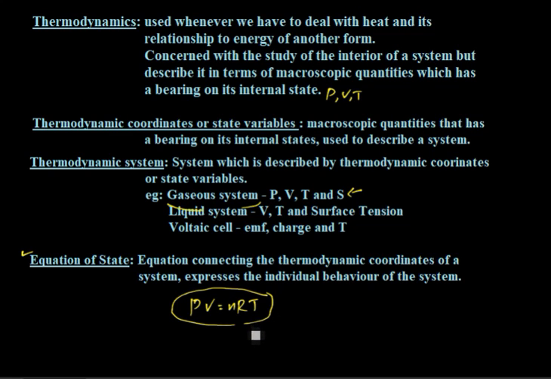So, in thermodynamics, what we are going to do is define the thermodynamic coordinates first, that is the macroscopic quantities used to describe the system completely. Then we should have an equation of state, an equation which connects the different thermodynamic variables describing that system.